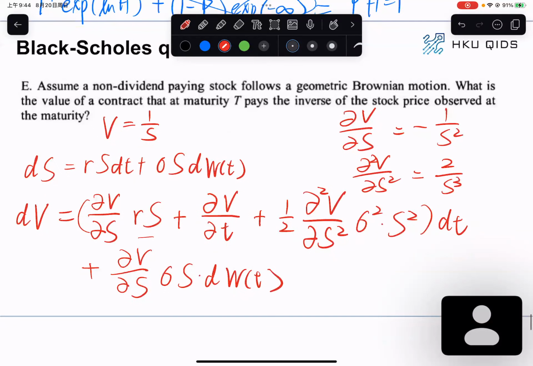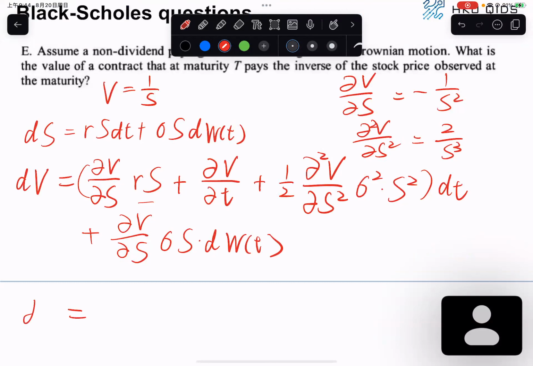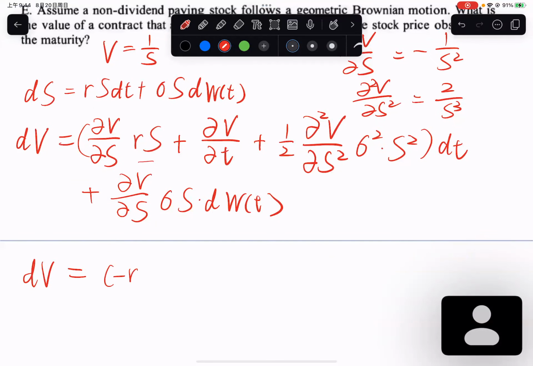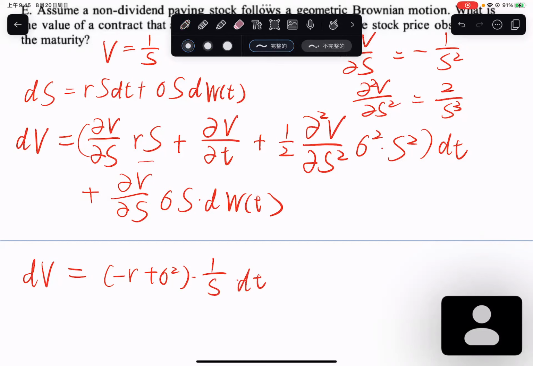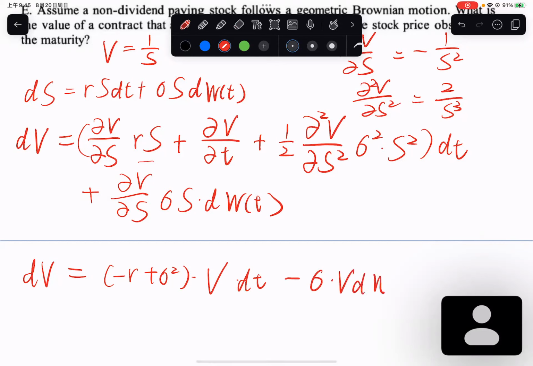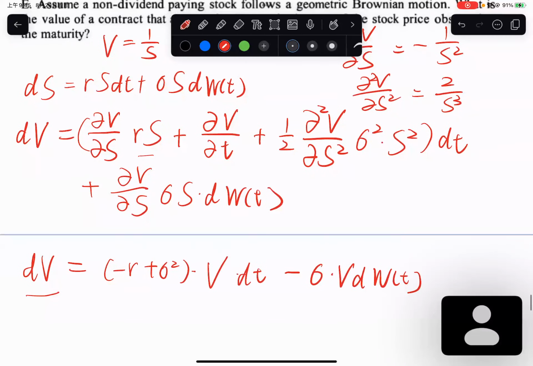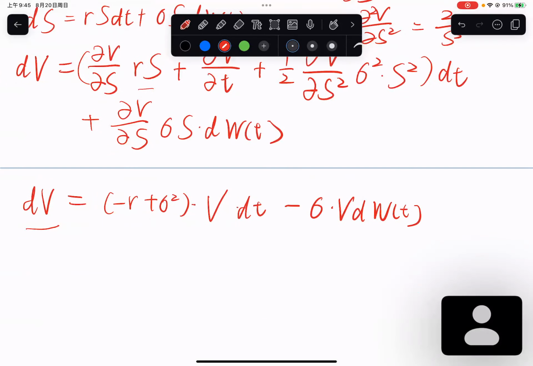And when we plug that in, we actually have dV is going to be negative r plus sigma squared, multiplied by 1 over S dt. And we can replace this with V, okay? And minus sigma V dWt. Okay, so we can find what? V also follows a geometric Brownian motion, with drift negative r plus sigma squared.